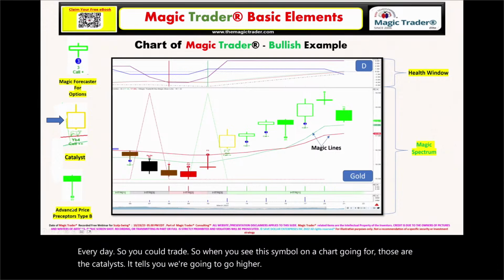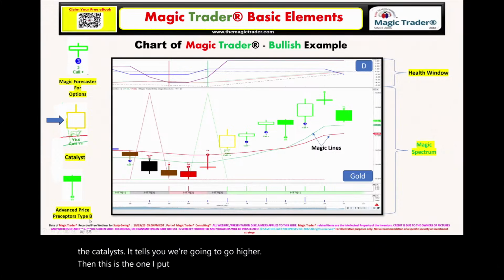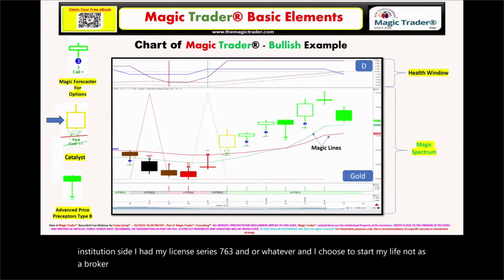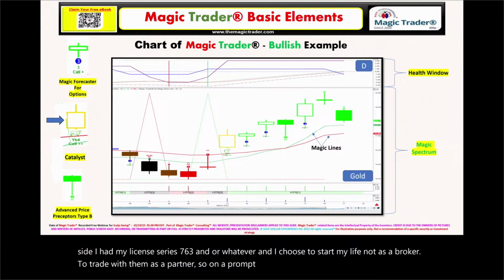Then this is the one I put in, the advanced price perceptor. This is where, when I was on the institution side, I had my license, Series 7, 63, or whatever, and I chose to start my life not as a broker, but to trade with them as a partner. So on prop trading, I started a partnership and wound up in an institutional partnership.